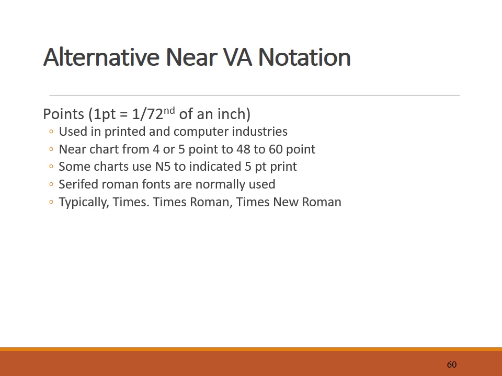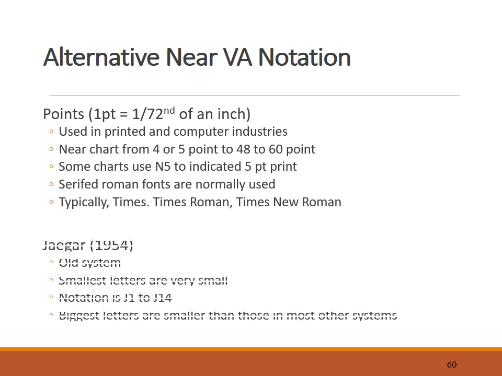Serif Roman fonts are normally used, typically Times Roman or Times New Roman. We also have Jaeger, from 1954, which is the old system. The smallest letters are very small. Notation is J1 to J14, and the biggest letters are smaller than those in most other systems.